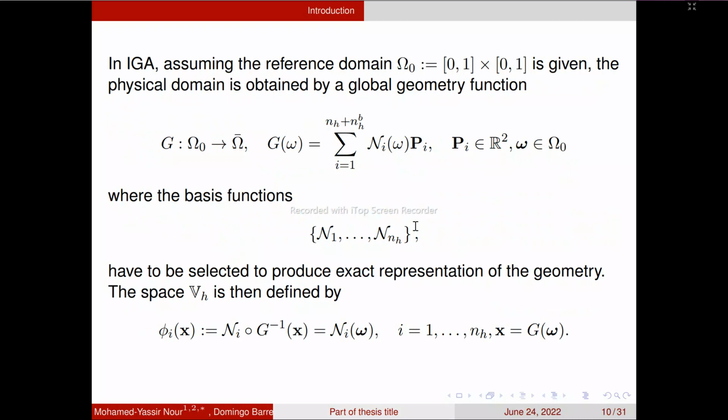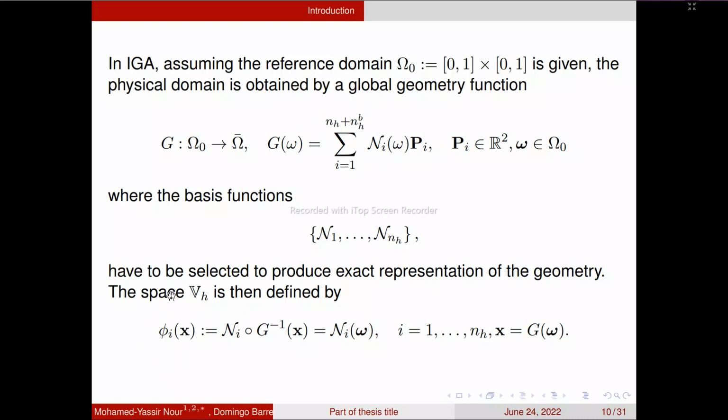But in IGA, or isogeometric analysis, sure, it also uses an isoparametric approach like finite elements, which means approximation of the physical domain and the solution by the same functions, but it chooses a parametric domain like that, which is a square, and starts by approximating it by a geometric function, which is like that.